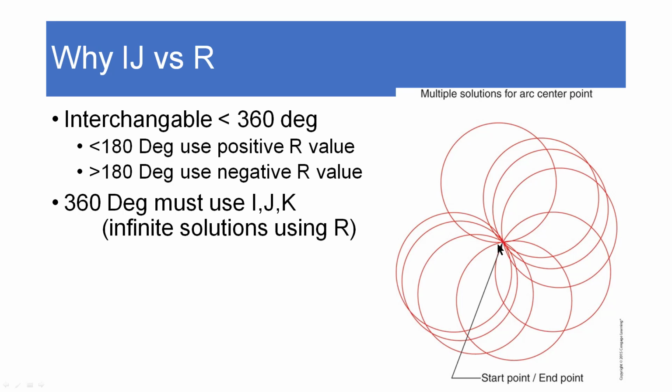If I use an R method from a start point to a finish point, and I'm going to go 360 degrees, I'm going to start and finish at the same spot. There are an infinite number of arcs that I can do to have that happen. So for a 360 degree solution, you have to have IJK. You can't use an R. It just won't know what you're going to do. So that's the difference between IJK and R.